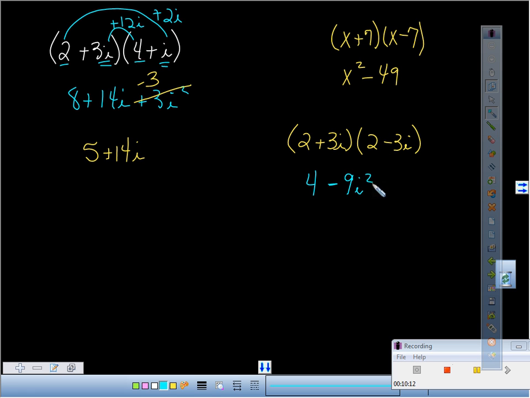Very good. Now what is that i squared going to do to it? It's going to change that negative 9 to a positive 9. And then what's 4 plus 9? 13. So when I multiply complex conjugates, what kind of number do I get for an answer? A real number. It gets rid of the imaginary part. You're not going to need it anymore.